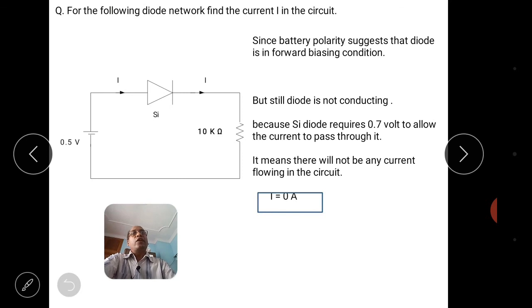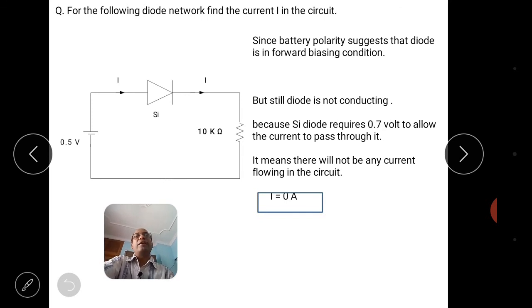For the following diode network, find the current I in the circuit. This is a very important question. Since the battery polarity suggests that the diode is in forward biasing condition, but still the diode is not conducting, it means the diode is still not in forward biasing condition. Why? Because a silicon diode requires 0.7 volt to allow the current to pass through it, but the battery voltage is 0.5 volt, which is smaller than 0.7 volt.